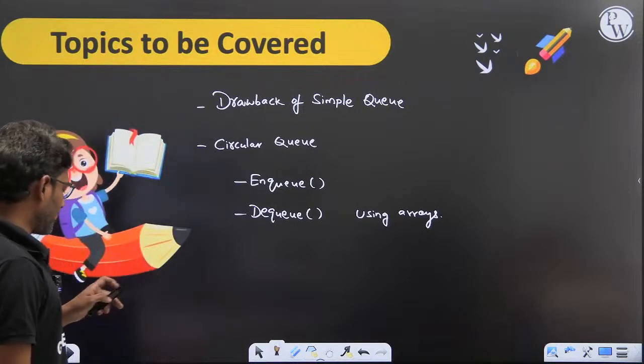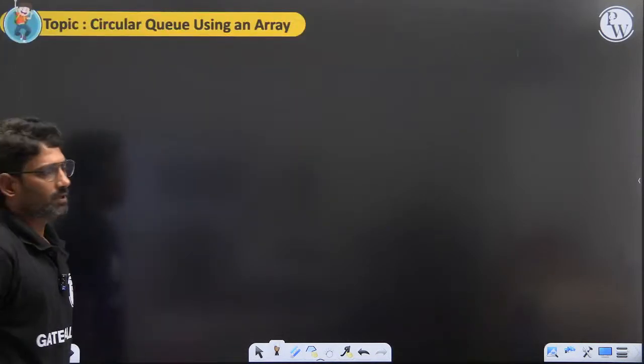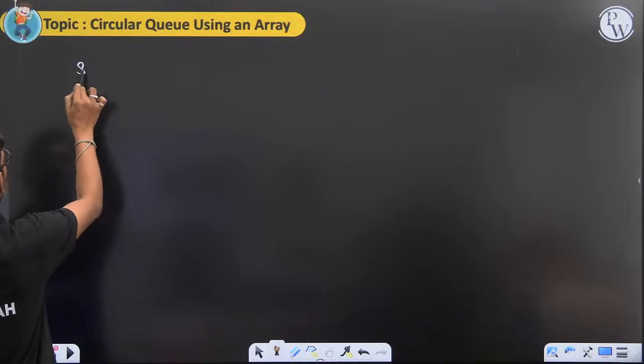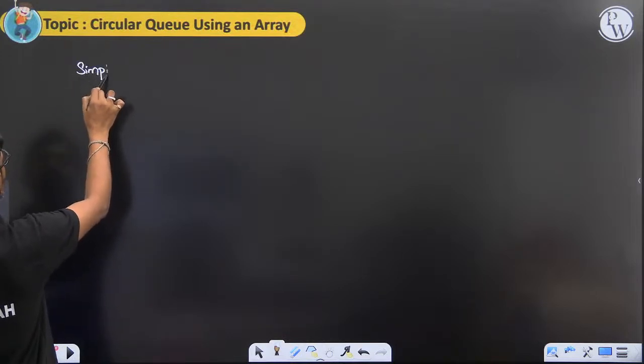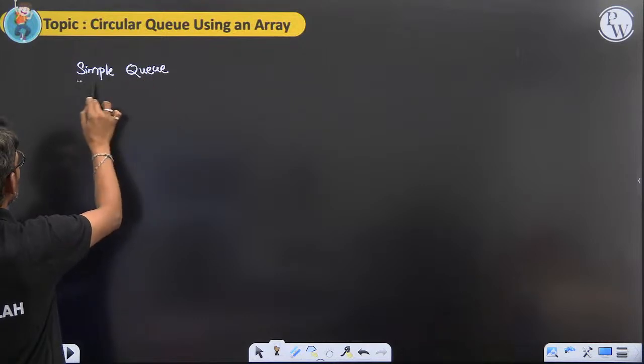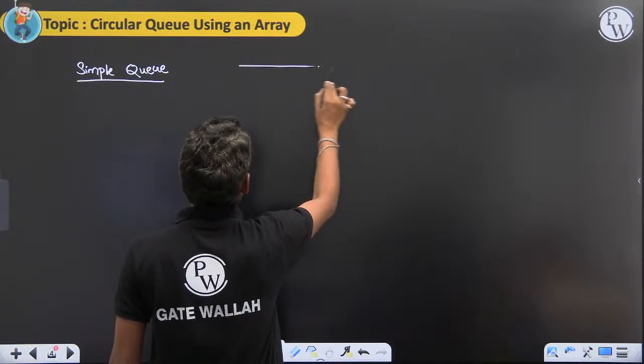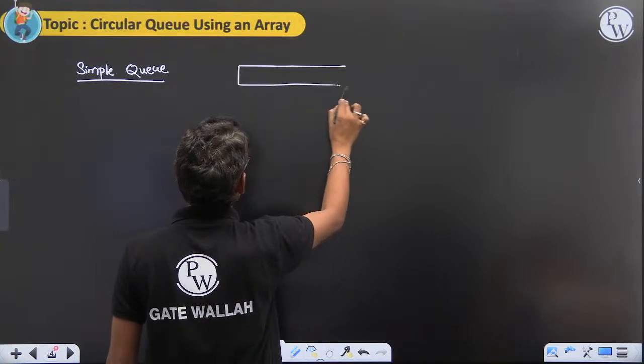Moving ahead, first of all, what is a simple queue? It is a linear list.